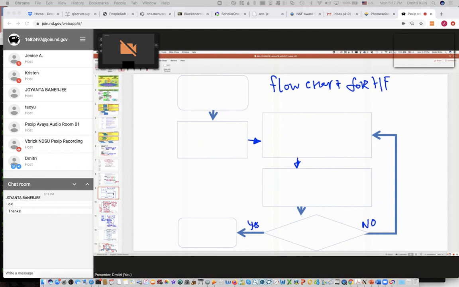And at the end of each chapter, we have such a flow chart. So when we were finishing the geometry optimization, we had a flow chart for browsing through different points on the potential energy surface.